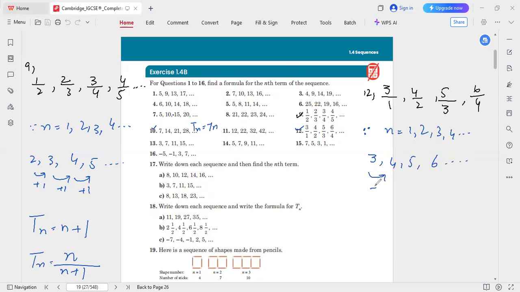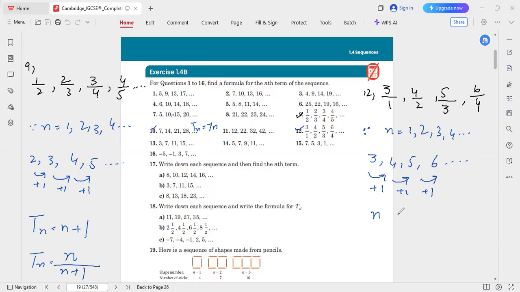Again, each time we need to add 1 to get the next term, but as the starting term has been given as 3, let's find out what it will be in terms of n, and according to n we need to add 2 each time to get the next term.